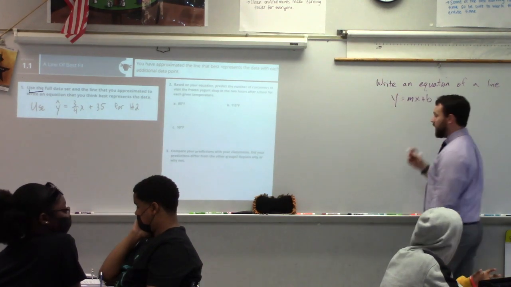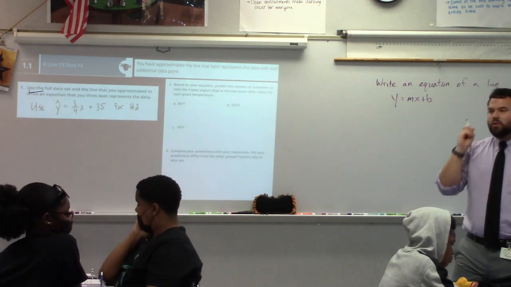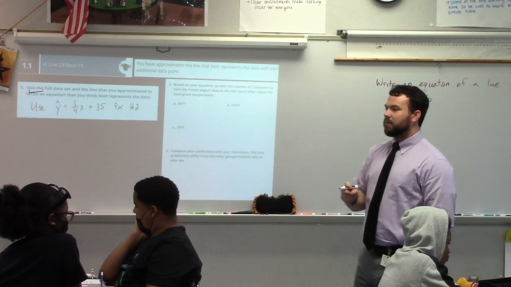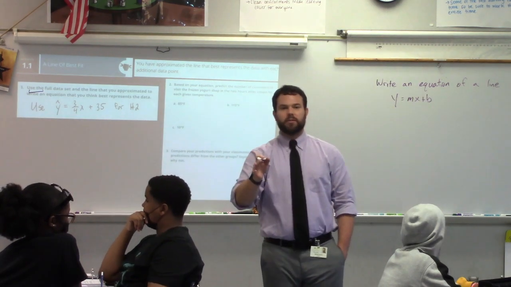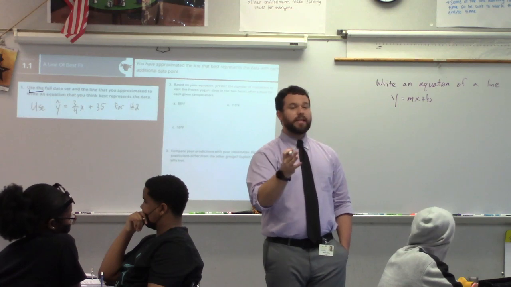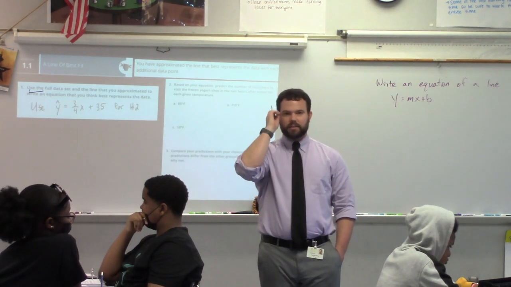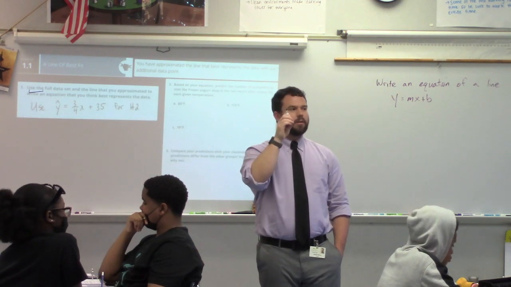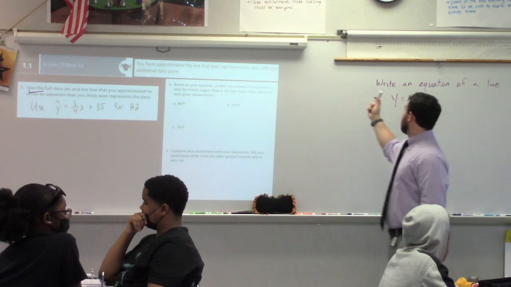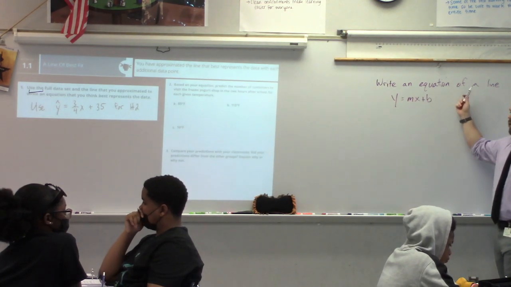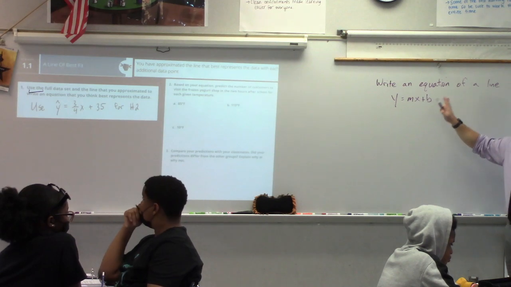I talked about this last Friday: if you wanted to get to Bryant-Denny Stadium, are you going to pull out of Hillcrest High School and just start randomly making turns? No. That's going to make it really hard to get there. You might eventually get there, but it's going to be easier if you have your destination in mind. The goal here is to get the equation of a line. So write out that equation first.